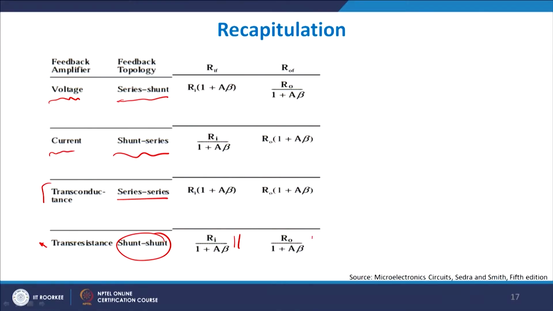So, in transresistance Shunt-Shunt both the resistances fall down, right. In case of series both the resistances go up, input and output, and in case of Shunt-Series the input falls down and the output increases, and in case of series-shunt this rises and this falls off.